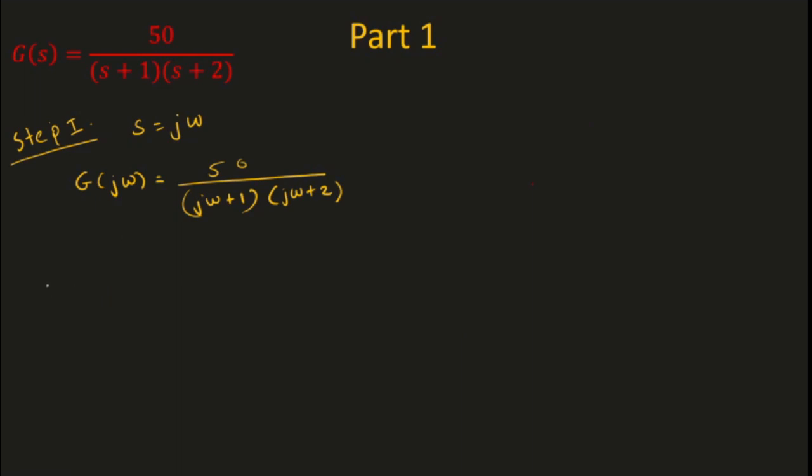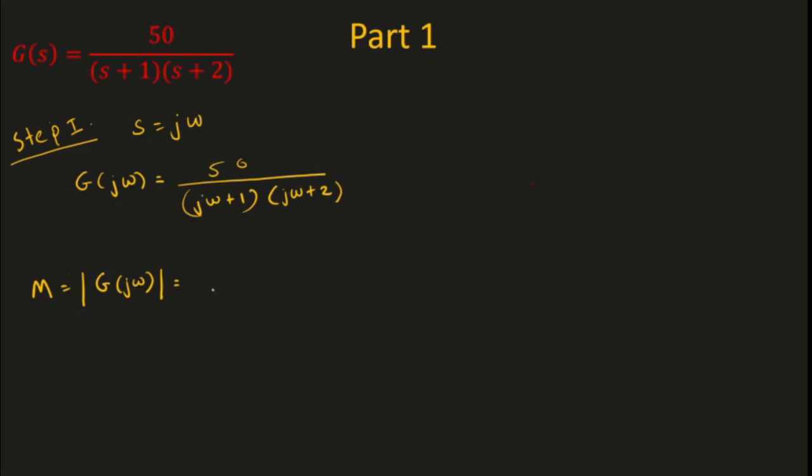So the magnitude of this transfer function is calculated using a very basic rule: if a complex number a plus bj is there, its magnitude is calculated by taking the square root of a square plus b square, right? So this is how we calculate this.